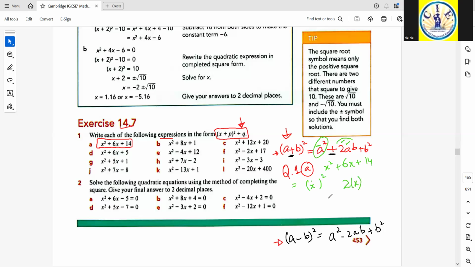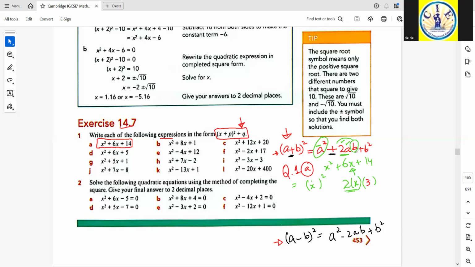So I need to have 2 multiplied with x so that it becomes 2x. Now, we are done with 2a. Now, we need to think what should be this second term b so that when it gets multiplied with 2x, it gives us 6x. Obviously, that is 3.